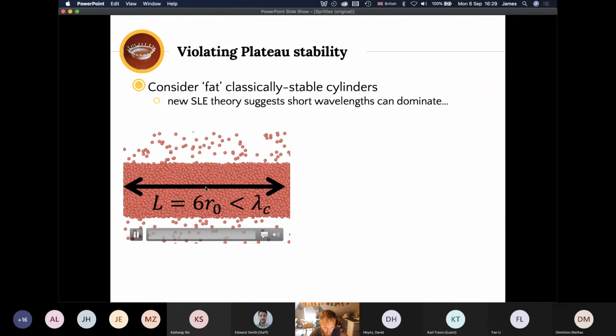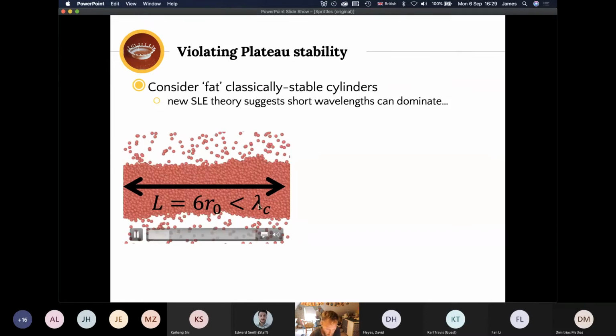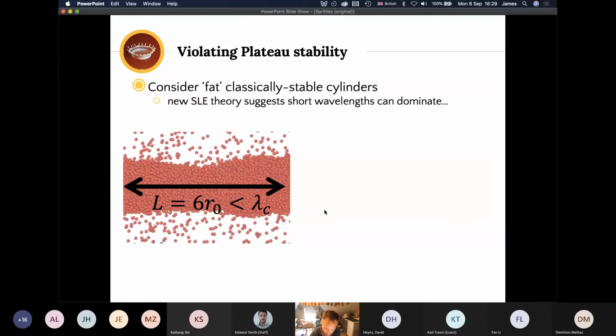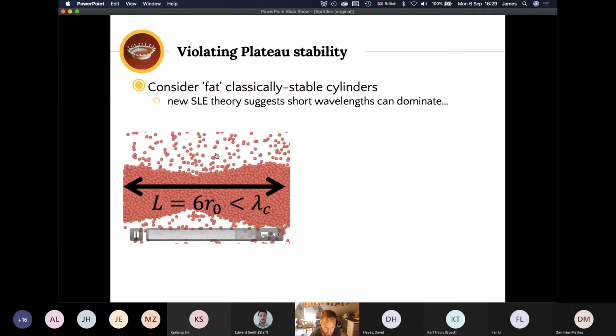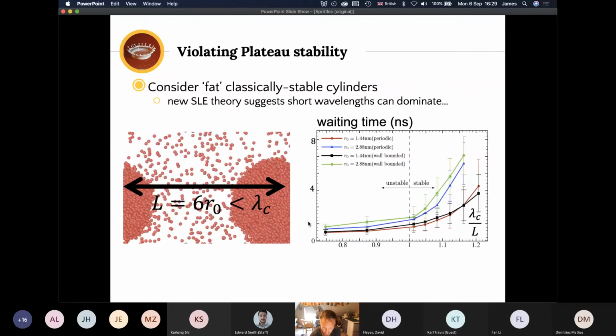So we took threads which were shorter than the Plateau criterion for stability. And indeed, in MD, you see that they can break up. And then the question is, well, the fatter they are, the longer it takes for thermal fluctuations to break them up. There is some waiting time associated with this, which we have from MD. How can we describe this analytically? And that's what we're working on at the moment.